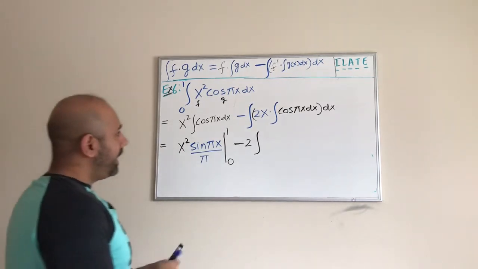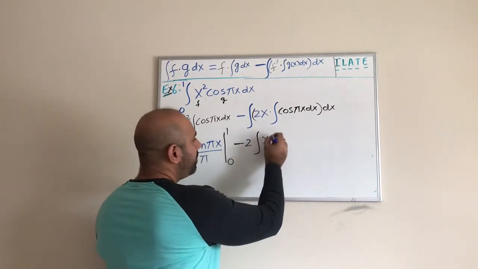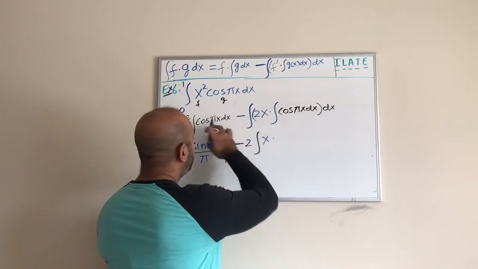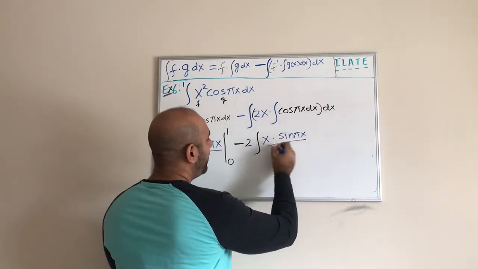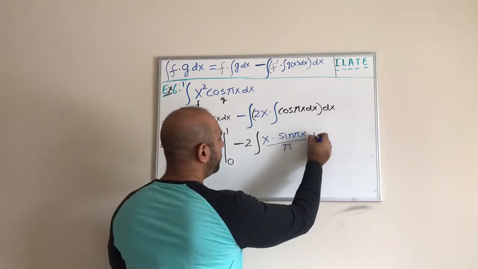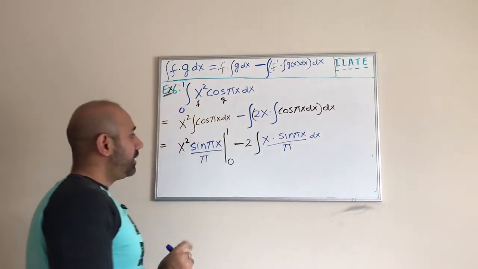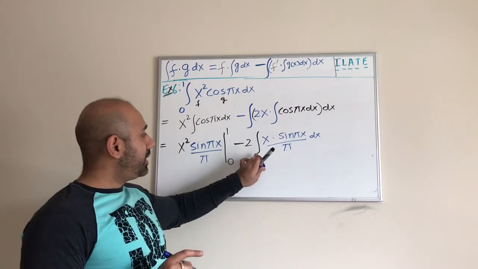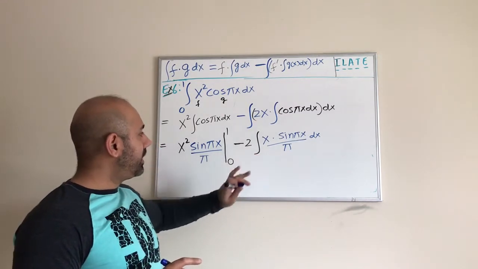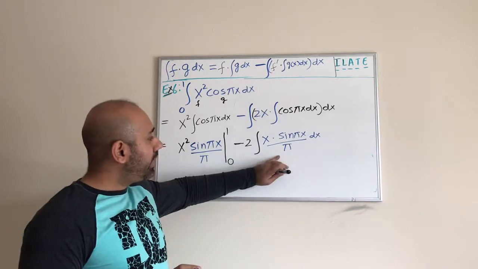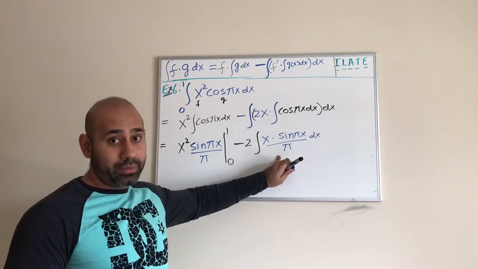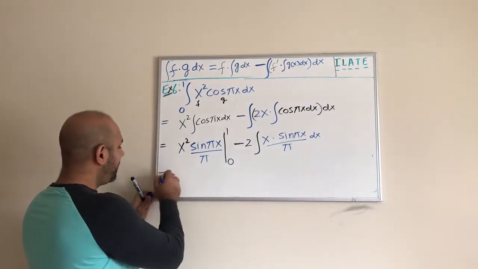We have an x, and then we can simplify this integral of cosine, same thing, sine of pi x divided by pi. That takes care of that piece, but we have not yet evaluated this integral, so we are not going to apply the fundamental theorem of calculus yet. But for this first piece, we can already start doing it.